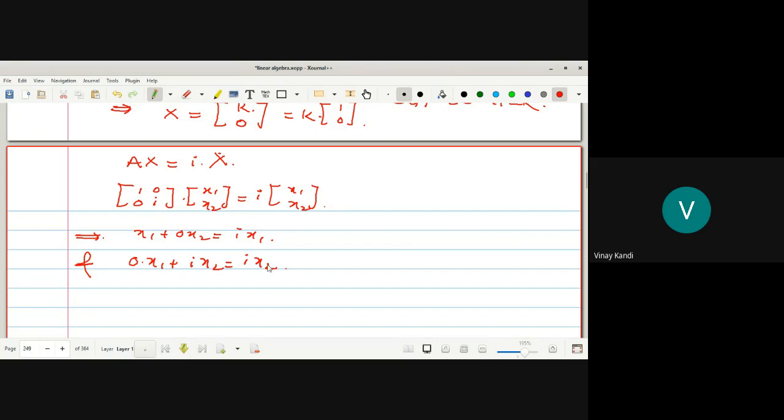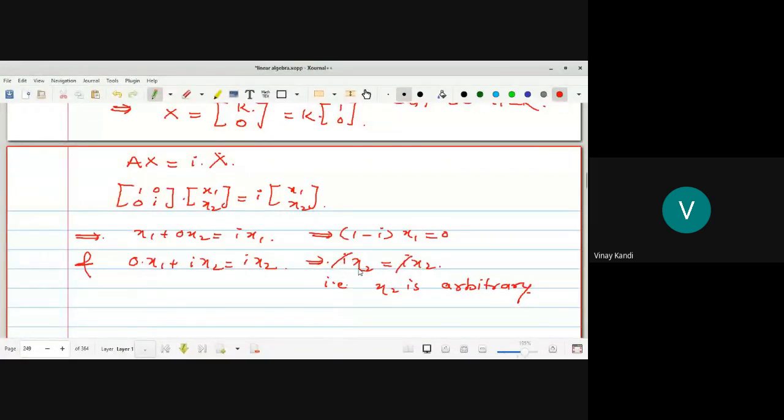This implies 1 minus I into x1 is equal to 0, so x1 is 0. And I x2 is equal to I x2, so x2 is arbitrary.